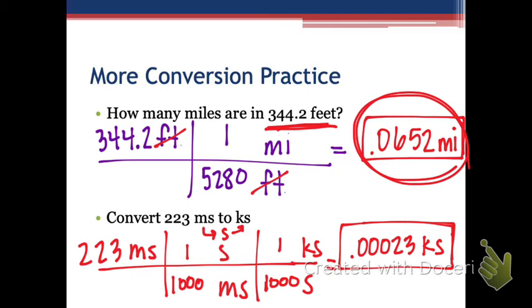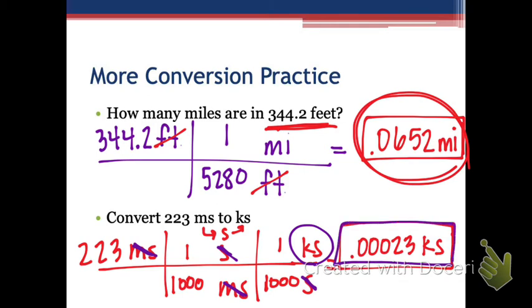Okay, and then on the second one, I had to stop at seconds in the middle, right? I went from milliseconds to seconds, and then I went from seconds to kiloseconds. We should have been expecting a really tiny number here, because a millisecond is a really small unit, and a kilosecond is 1,000 seconds. So I ended up with a number that looked like this.